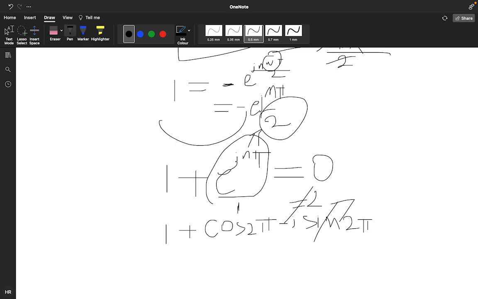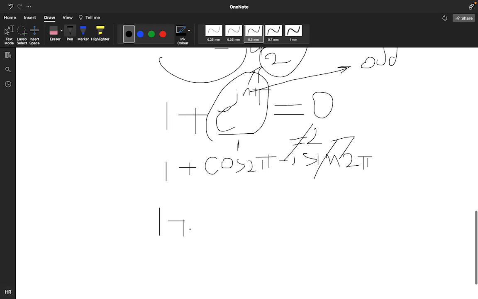But when n is odd, like 1, suppose 1 plus cos pi minus j sin pi.